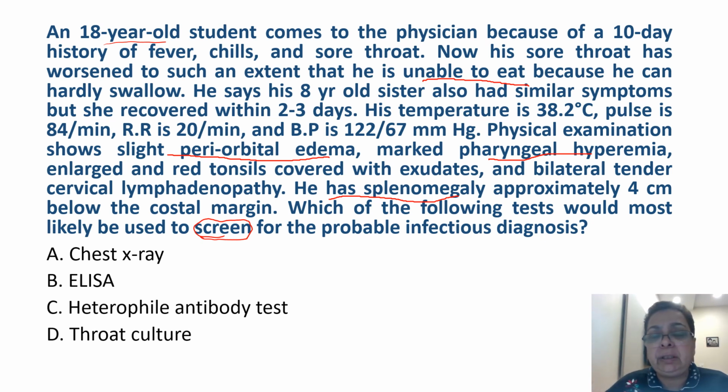Remember, whenever we think of infectious mononucleosis, we think of screening by certain serological tests, heterophile agglutination tests, and we confirm by specific serology, that is detecting antibodies specific to Epstein-Barr virus. Okay, so the answer obviously is a screening test, that is heterophile antibodies which develop against sheep, horse, and ox RBCs.